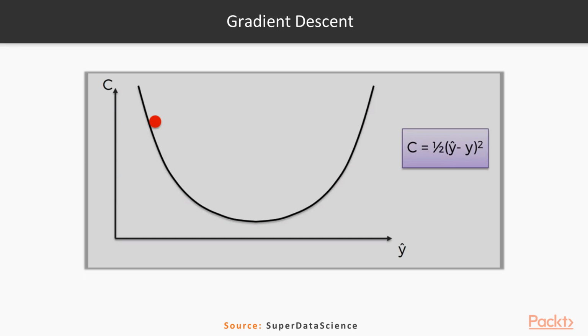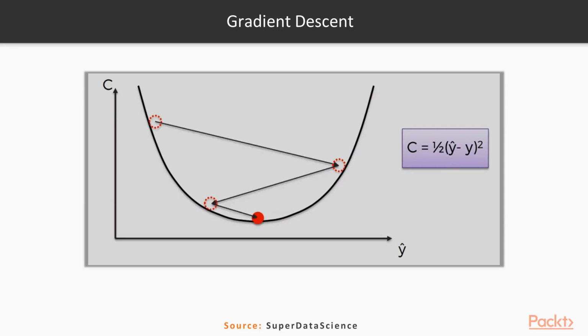Now let's say we started with a cost over here. Then if we apply the gradient descent algorithm, it will go here, here, and here. Then it reaches the minimum cost. So now our model has reached the minimum cost function. This is the path our cost function followed when we applied the gradient descent algorithm.